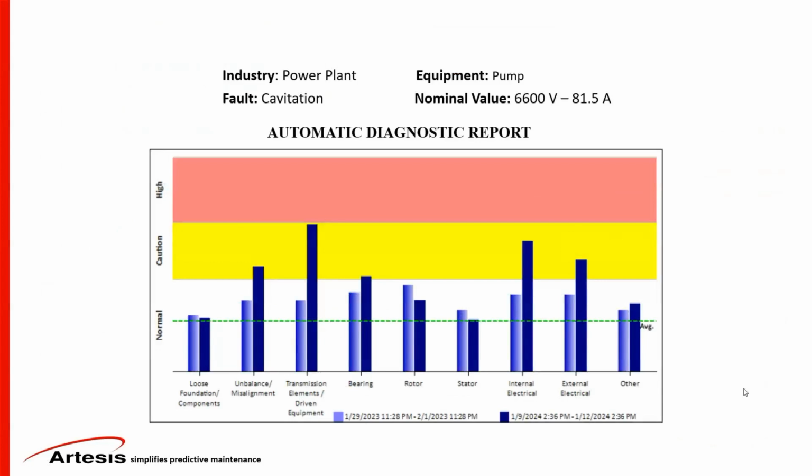And of course, combining that with the Artesis automatic fault diagnosis for other problems on the system, right? The pump is working together with a motor, and you have a shaft, you can have misalignments, seal problems, bearing issues, or rotor problems. All of that will be part of a comprehensive predictive maintenance or condition monitoring approach.